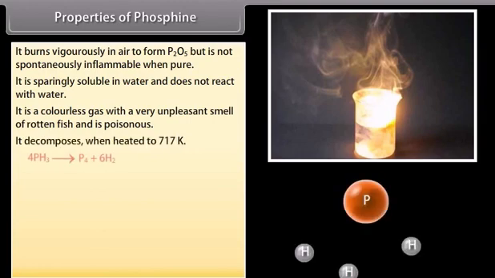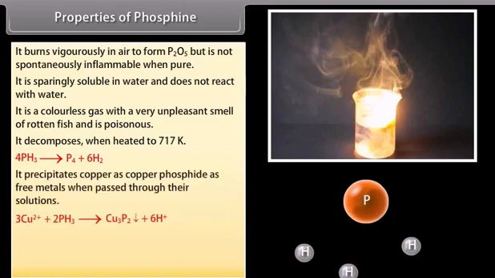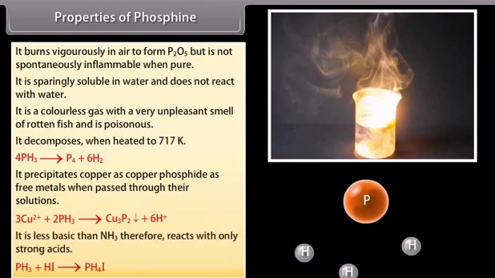It decomposes when heated to 717 Kelvin. It precipitates copper as copper phosphide, and free metals, when passed through their solutions. It is less basic than NH3, therefore it reacts only with strong acids.